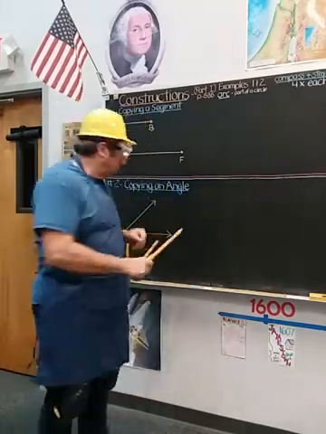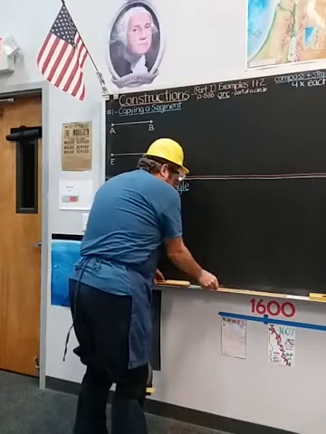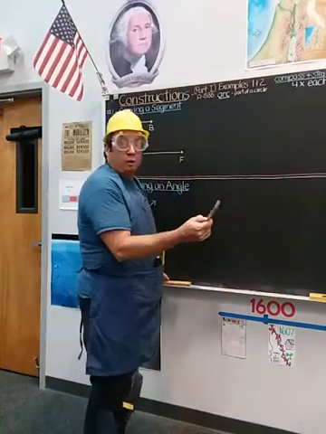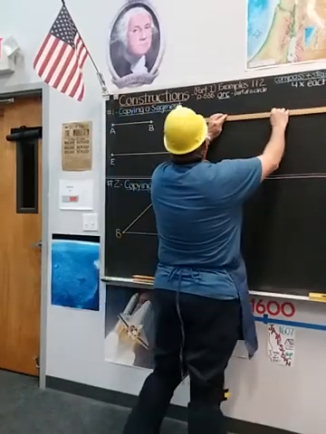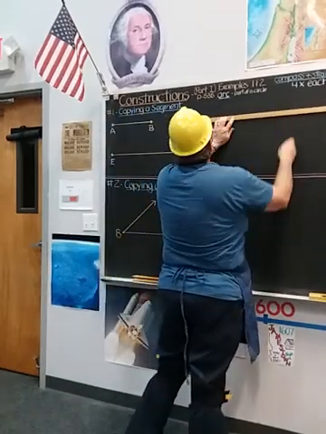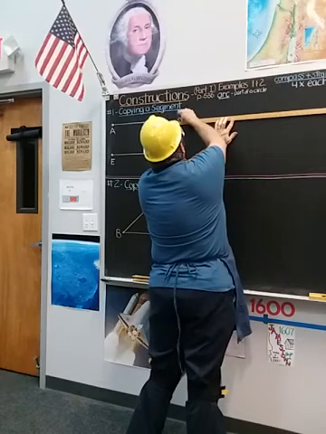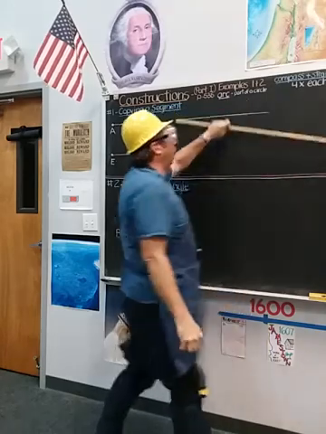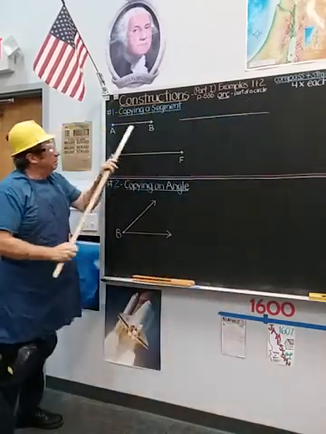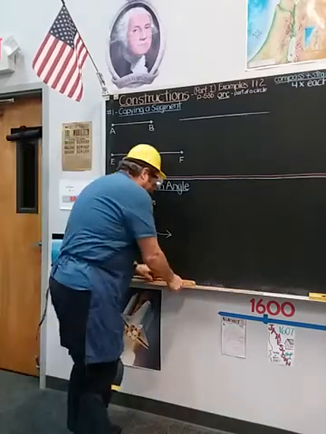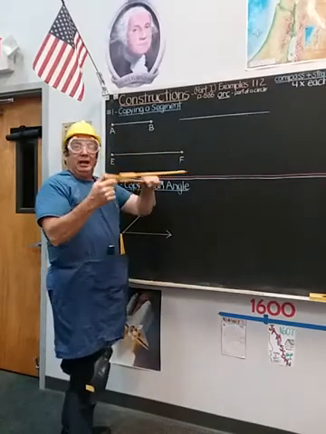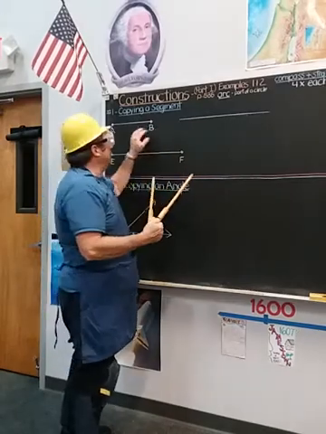The first thing to do is, off to the side of the segment you start with, draw a random segment. I'm not measuring. I can make it nice and long. In fact, I want to make sure it looks longer than the one I'm copying, right? That's important.